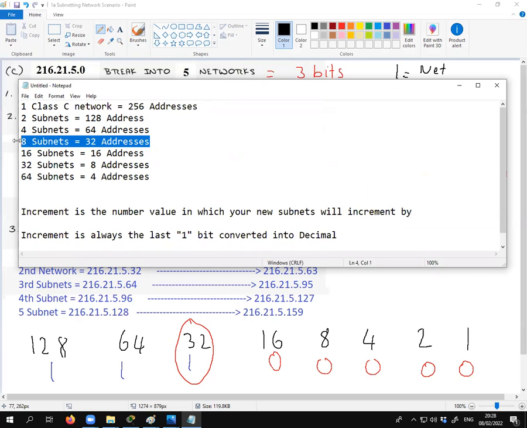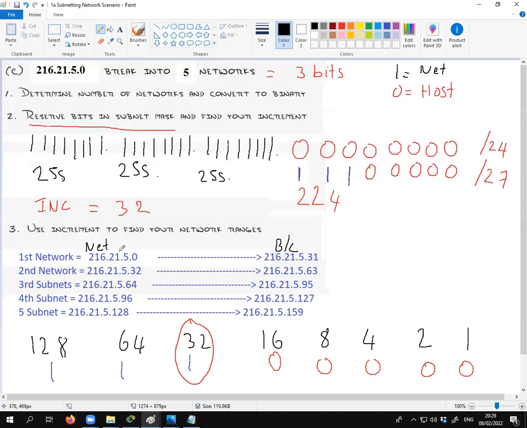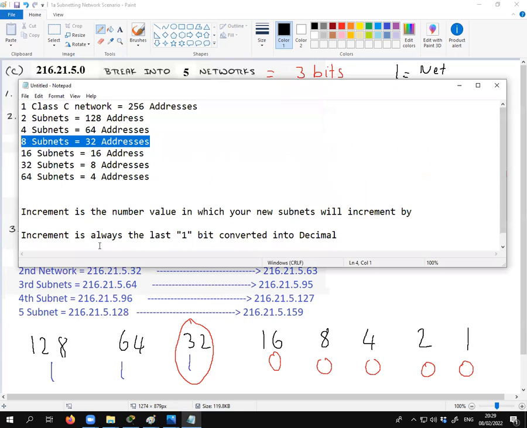We had to go as far as 8 subnets because 4 wasn't enough. 8 subnets satisfies the requirement of 5 subnets, and we've got 3 left over. I could keep going and make 8 subnets altogether: 0, 32, 64, 96, 128, 160, 192, and 224. That's 8 subnets, each with 32 addresses.